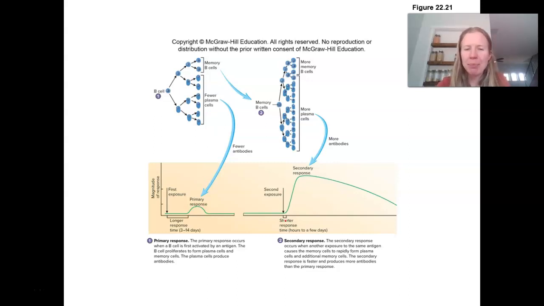But next time, notice it's a much shorter response, hours or days, to take those memory cells, make tons of clones, tons of plasma cells, tons of antibodies. And so we actually see a much stronger secondary response. And you don't get sick. That is the basis of immunity. Having those memory cells, having immunological memory, means that you can respond to that same pathogen much quicker and before you get ill.